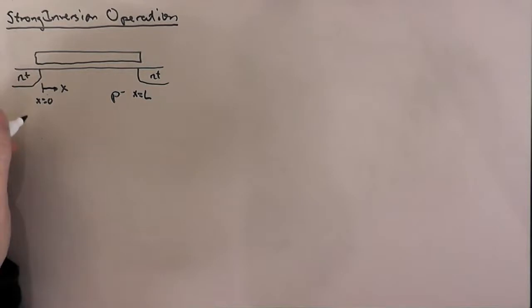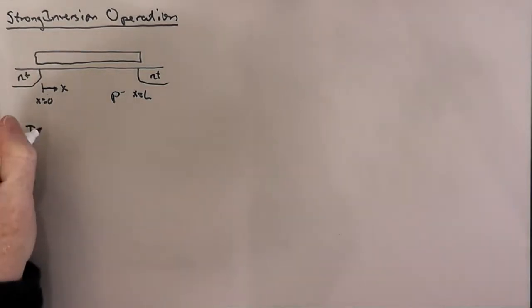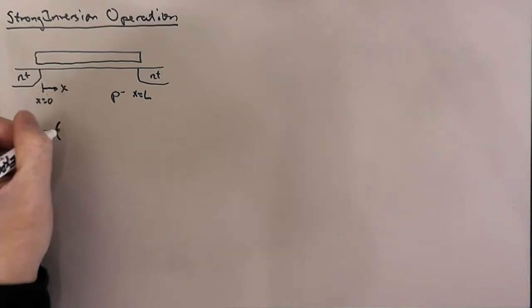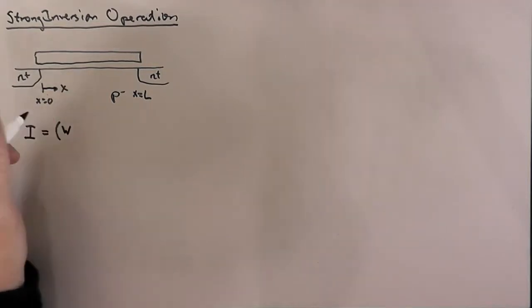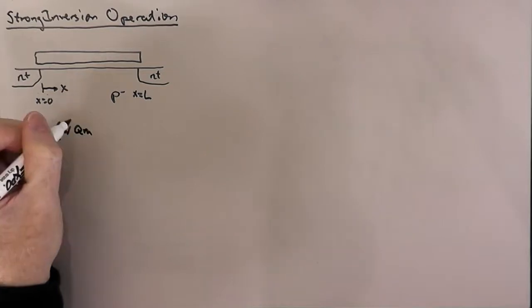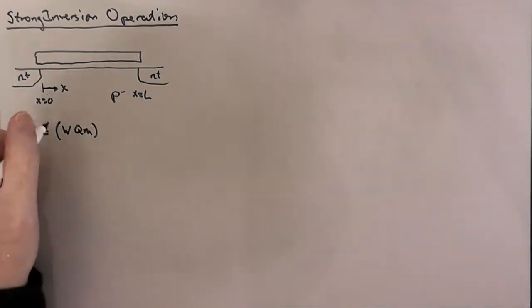We are going to recall from our discussion of the MOSFET operation in the last class we had on Friday before break that in weak inversion, the current flow is by diffusion, and in strong inversion, the current flow switches over to being primarily by drift. And so the current by drift we can express as the mobile charge in the channel per unit length, which is the width of the channel, W, times the mobile charge density, Qm, which is the charge per unit area in the inversion layer.